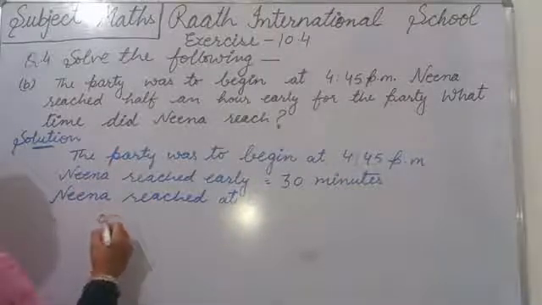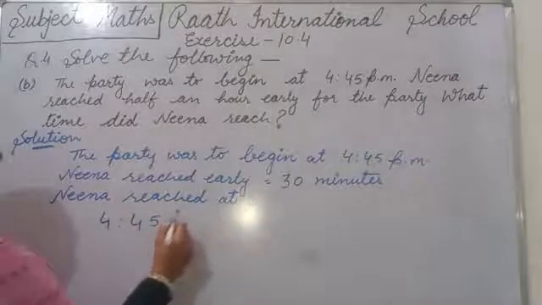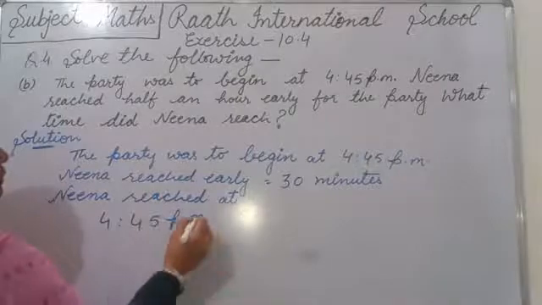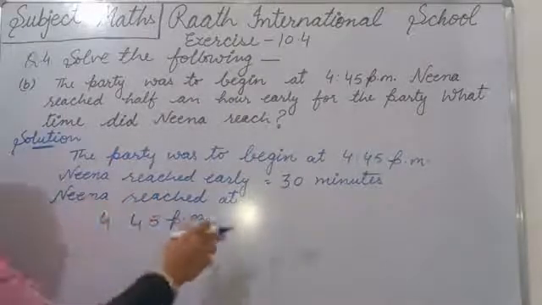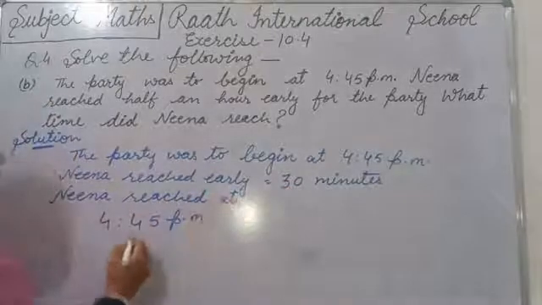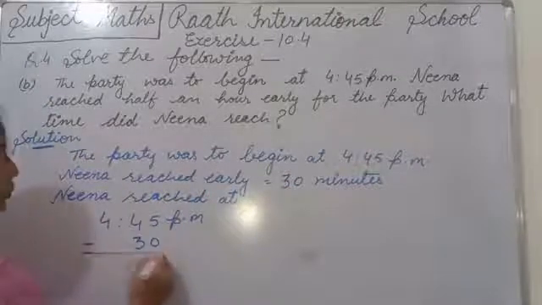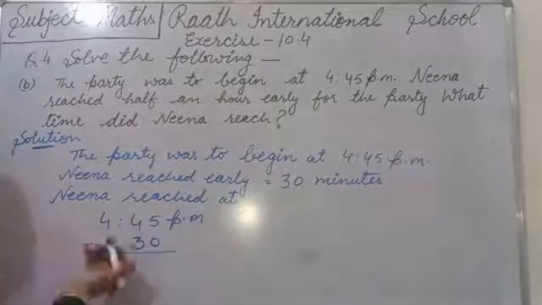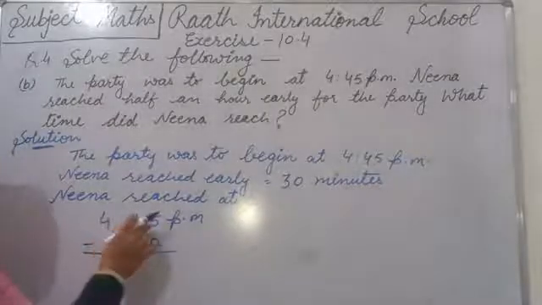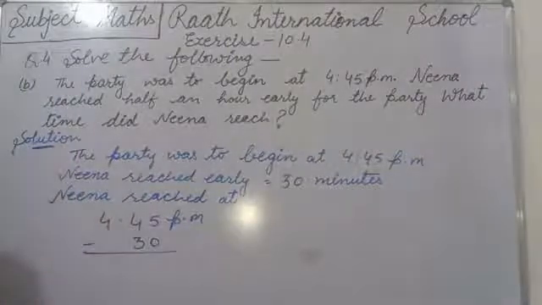So we have here 4:45 PM. Now for the before we will do minus. We have only minutes, 30 minutes. We don't have hours. So from the minutes we will do minus 30. There are no hours, so hours will be 0, nothing is there. Now from the 45 we can subtract 30, easily we can subtract.